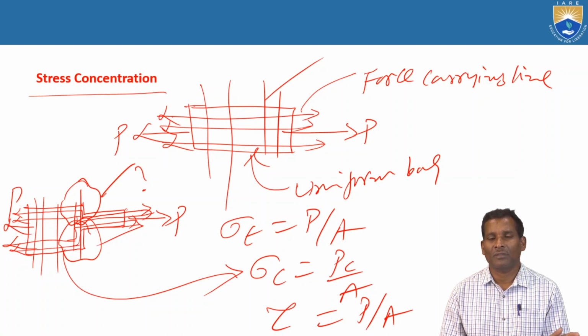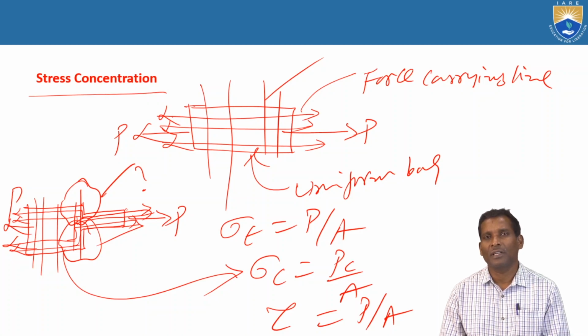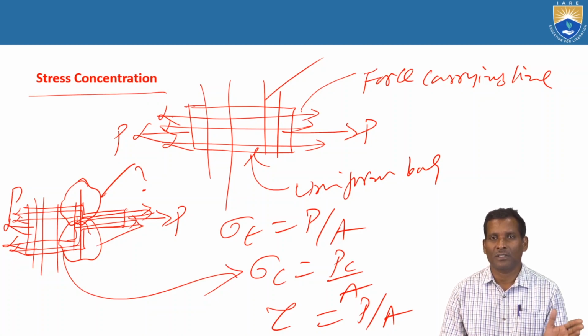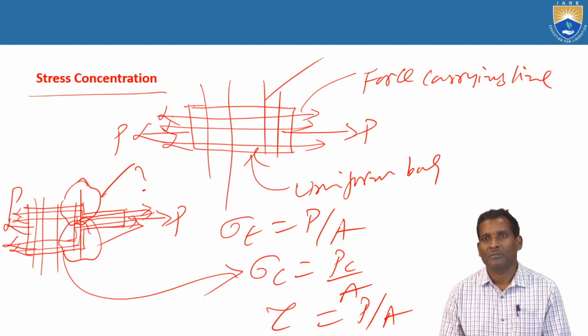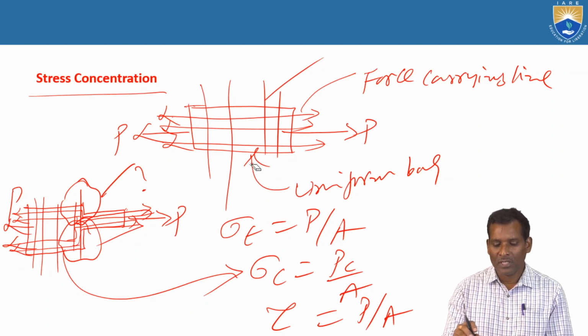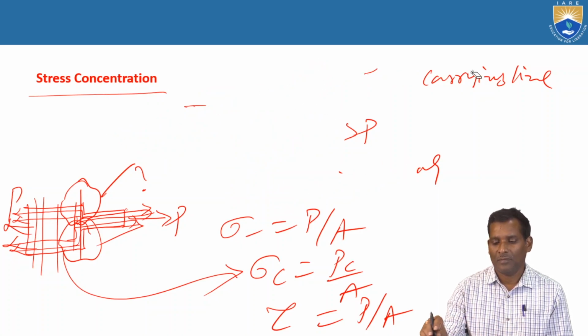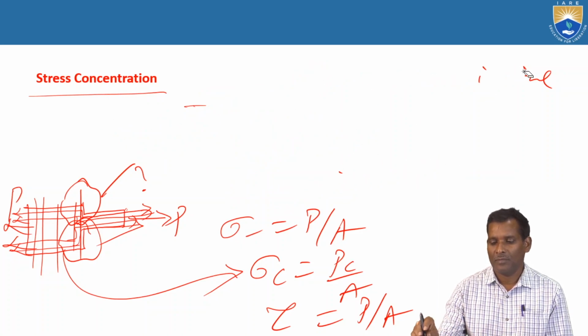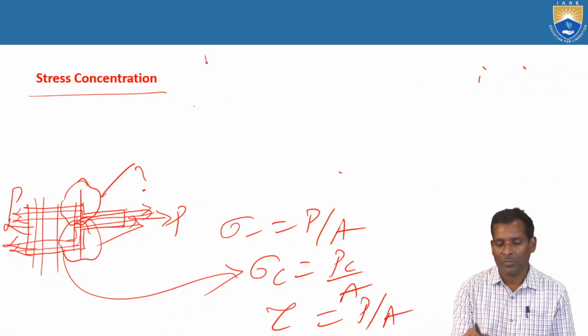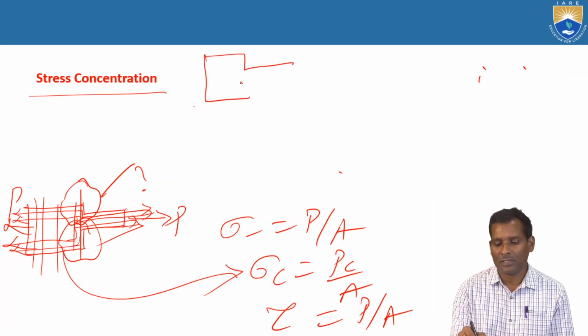Wherever sharp corners or edges are present in the object, stress concentration is possible. For example, suppose the object is like this in cross section, and the stress distribution lines are like this.